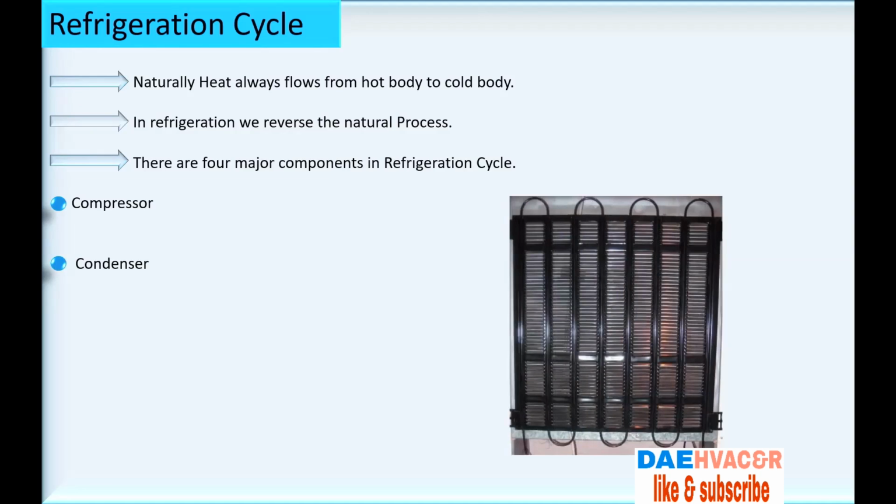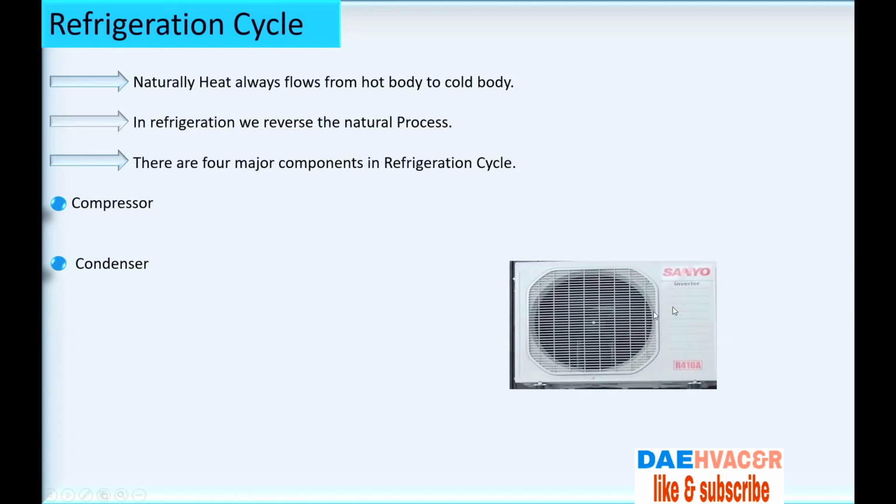In your refrigerator backside you normally see this type of condenser, which removes heat with the help of natural air flow. Or in your outdoor AC units this type of condenser is used, which removes heat by the forced ventilation of a fan.